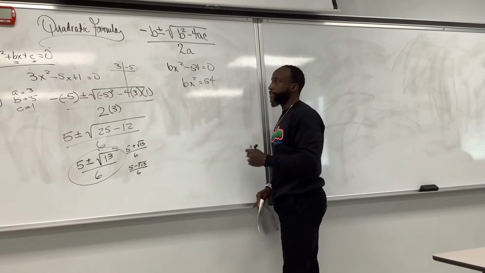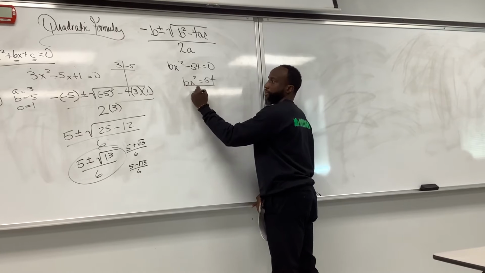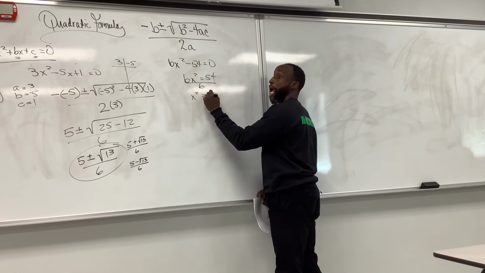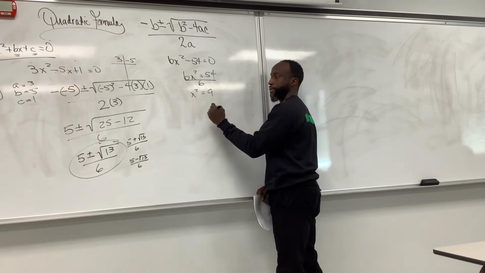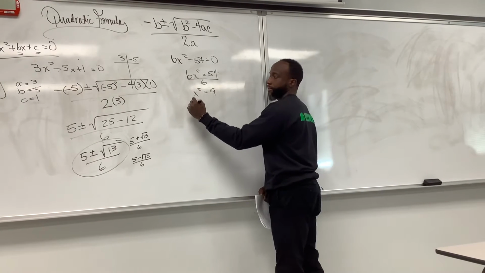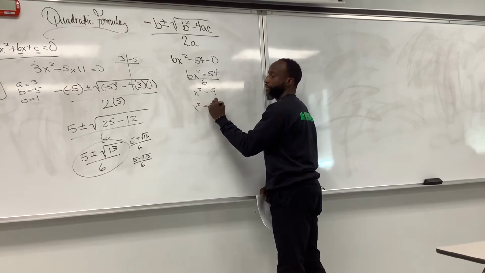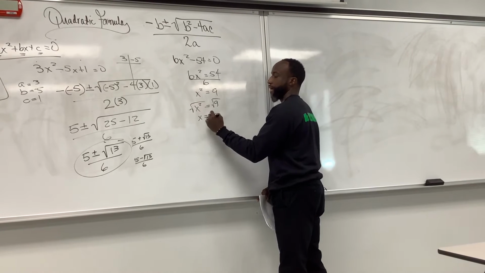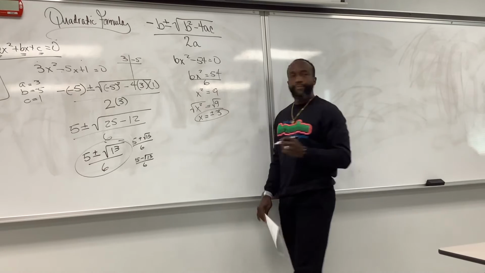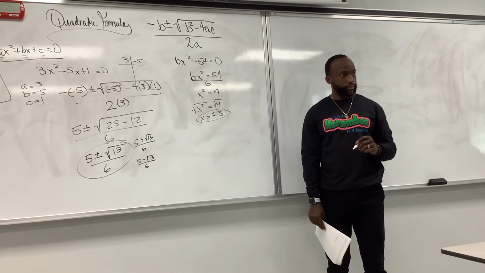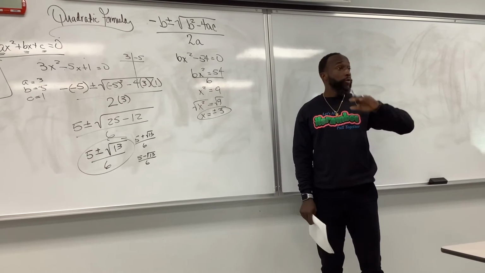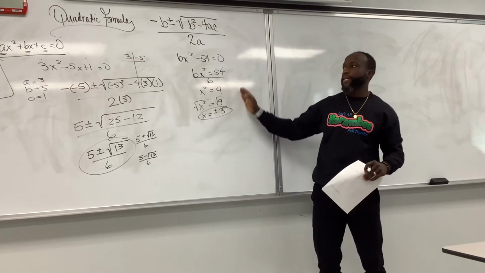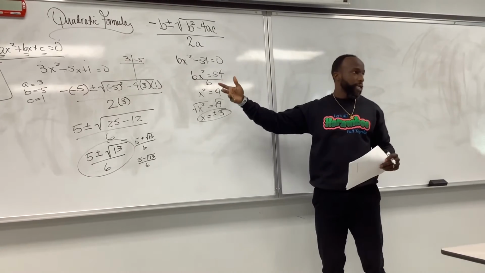Divide by 6 and x squared equals 9. Then you take the square root and get x equals plus or minus 3. You can do it whatever way works for you. But what I want to show you is that we were able to factor this.